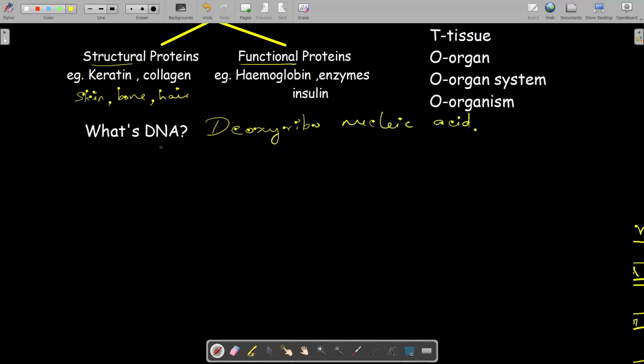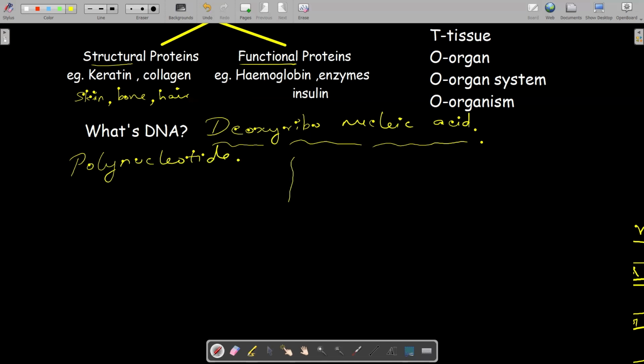Before we get into what deoxyribonucleic acid is, DNA is a polynucleotide.